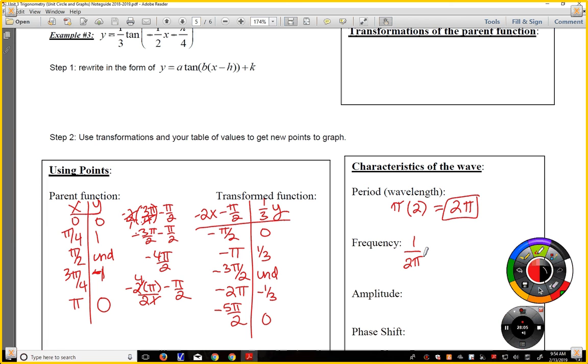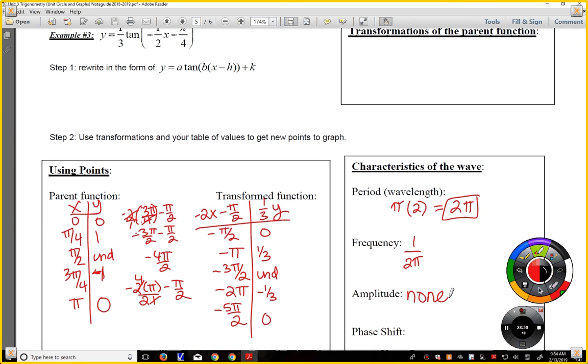Okay. And then what are we going to write for amplitude? None. Good. Okay. It doesn't matter if it was shifted or stretched or any of that because it doesn't have the wave-like characteristic needed to measure amplitude. And then phase shift is the same thing as what kind of transformation that we've talked a lot about.